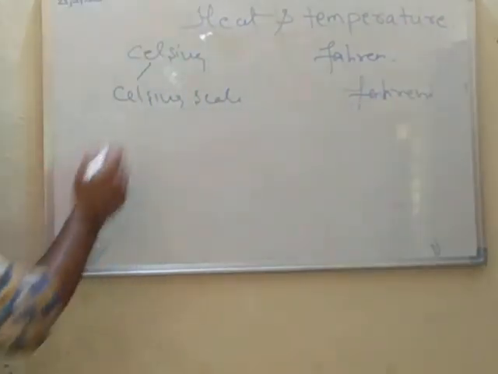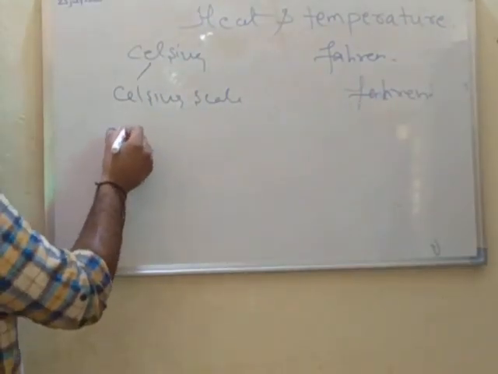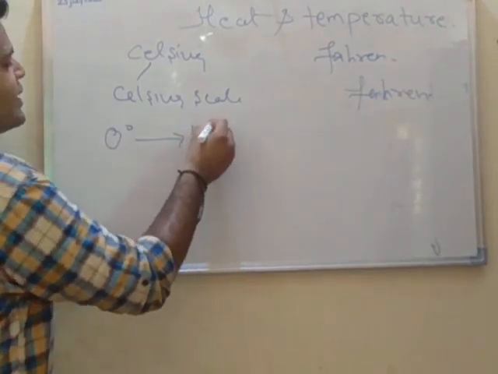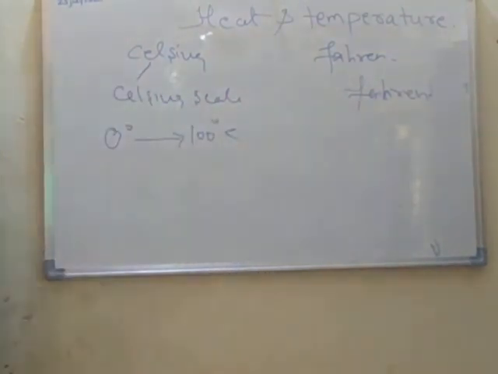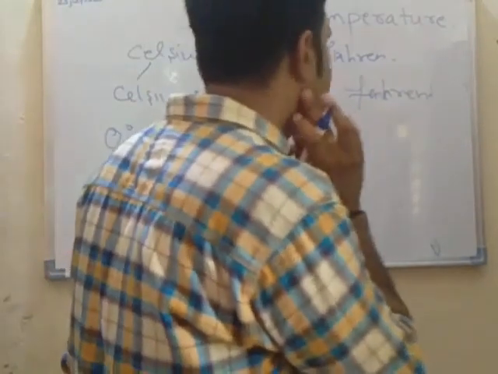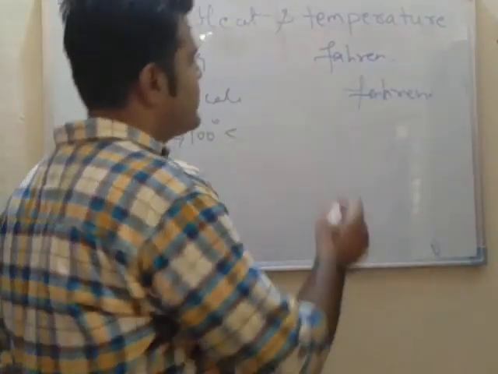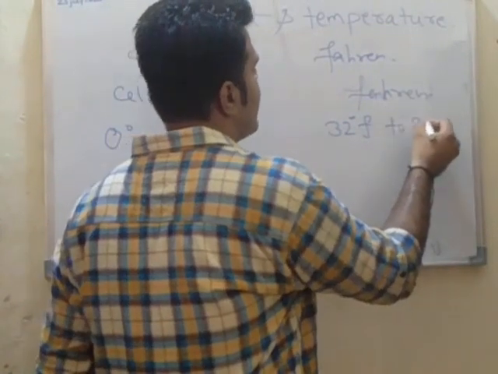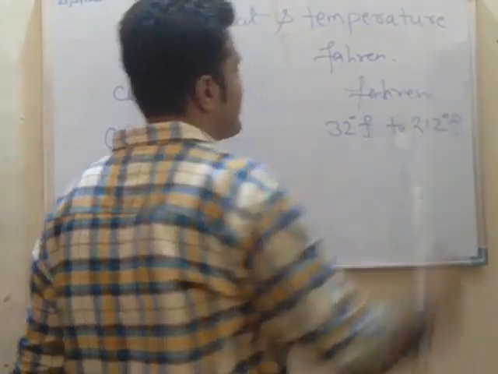In the Celsius scale, the temperature can be measured from 0 degree Celsius to 100 degree Celsius, whereas in the Fahrenheit scale, the temperature can be measured from 32 degree Fahrenheit to 212 degree Fahrenheit.